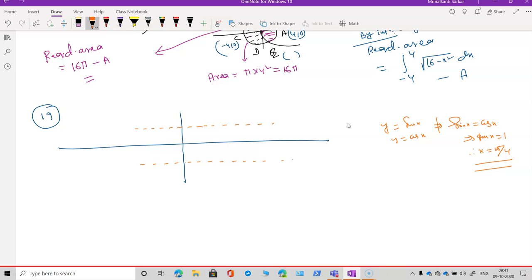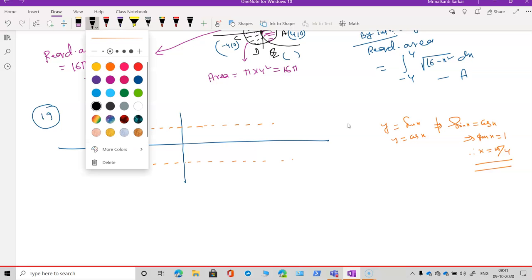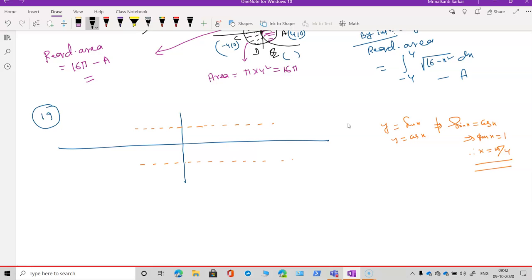Now let us plot the graph of sin x and the graph of cos x. Do it for cos x first by using black ink. This is for cos x.